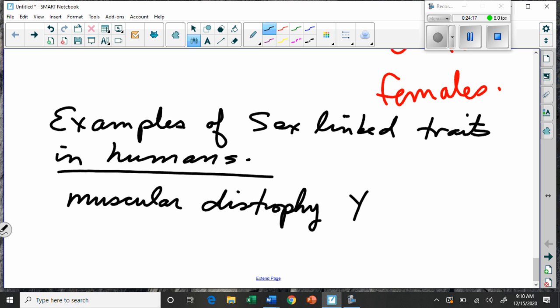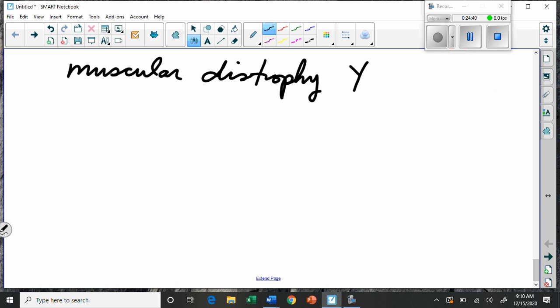If it's linked to the Y chromosome, it tends to only affect the males. It's kind of the reverse. The males get the option of having the 2 alleles, but the females don't have a Y chromosome. So their homologue is the X chromosome, so they're going to have fewer chances of getting the healthy allele. So muscular dystrophy is X-linked.